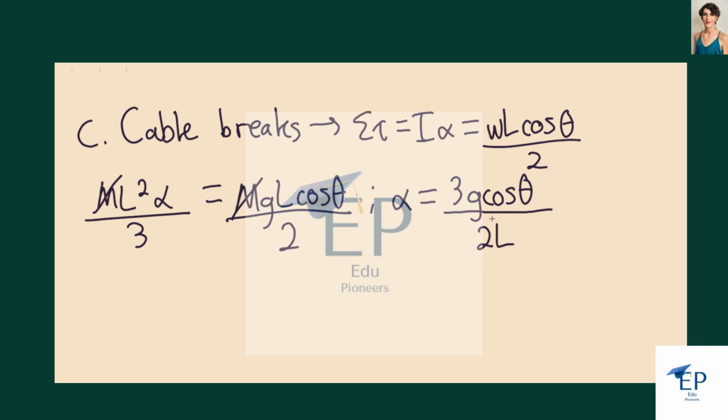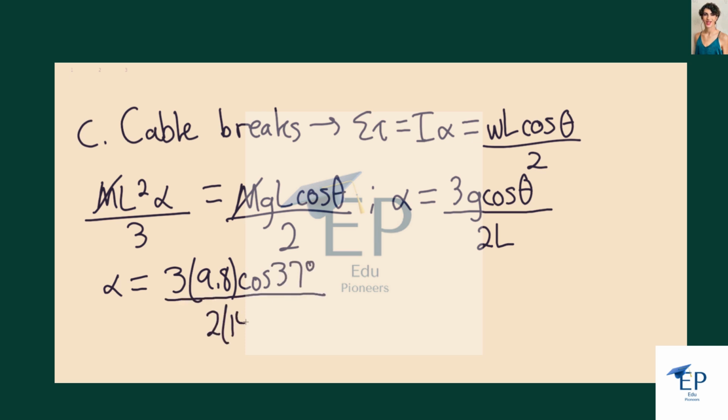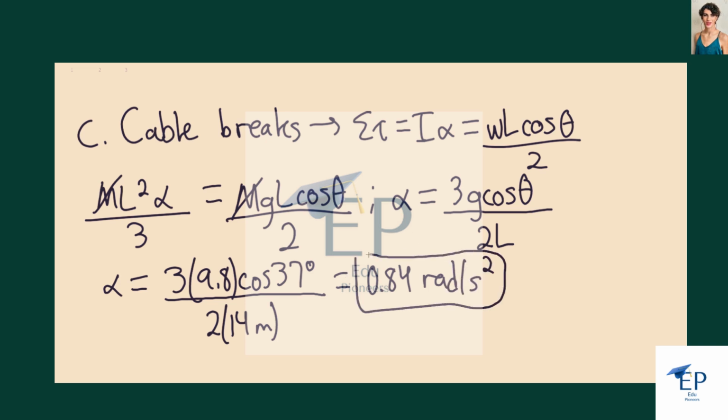And we can solve and say that angular acceleration is going to be equal to 3 times 9.8 times cosine of 37 degrees divided by 2 times 14 meters. And this is giving us 0.84 radians per second squared. So this would be the angular acceleration after the cable breaks.